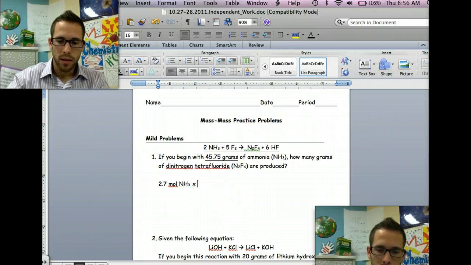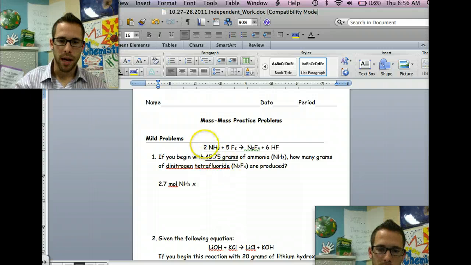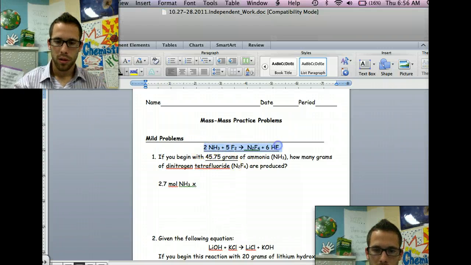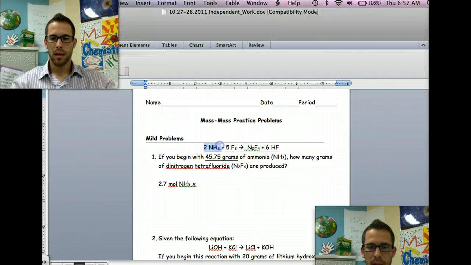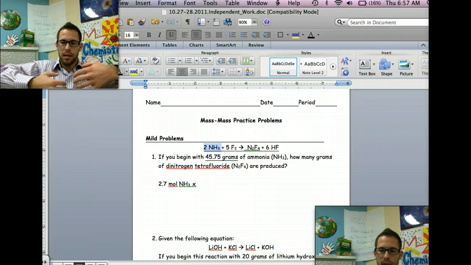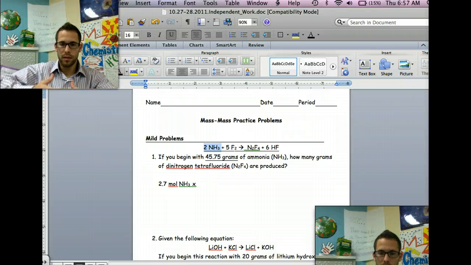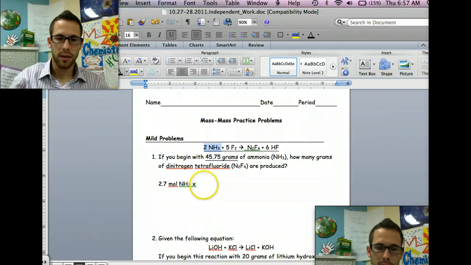So I'm going to put moles of the answer on top, and I need to look at my recipe for that. So what is the answer? N2F4. How many moles do I have in my recipe? 1, because there's nothing there. So for every 2 plates of NH3, I'm going to make 1 plate of N2F4. So I'm going to put that down.